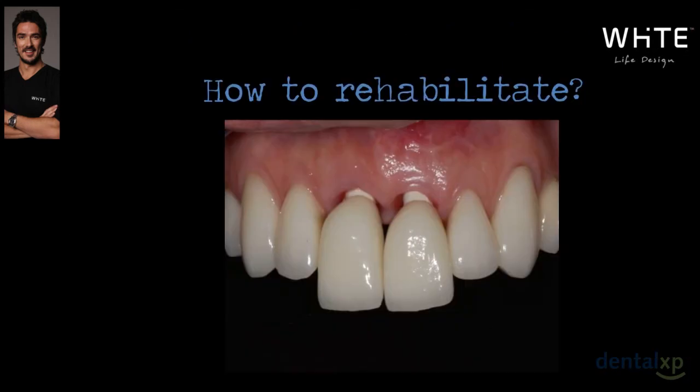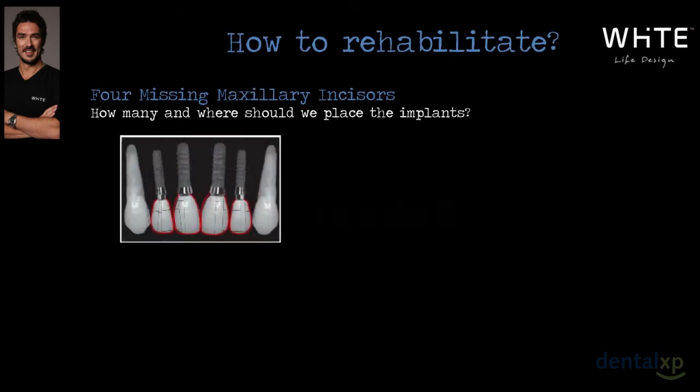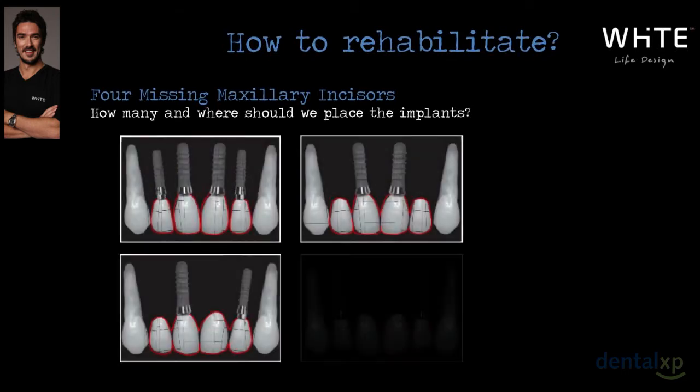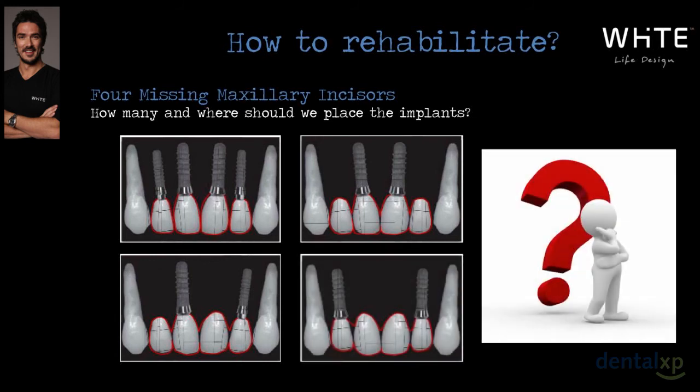So how to rehabilitate? Once again, in the aesthetic zone, if we have 4 missing maxillary incisors, how many and where should we place the implants? We can look at these 4 different images here and say which one's ideal, which one's not.